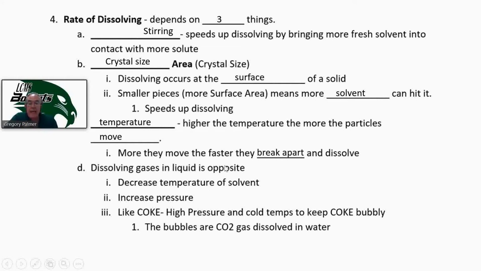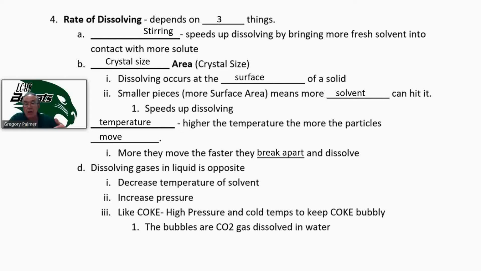Now, this is all for a solid and a liquid, like dissolving sugar or salt in liquids. But we dissolve gases in liquids as well. Like, you know that oxygen is dissolved in water in a pond so that the fish can breathe. If there wasn't any dissolved oxygen in there, they would suffocate.